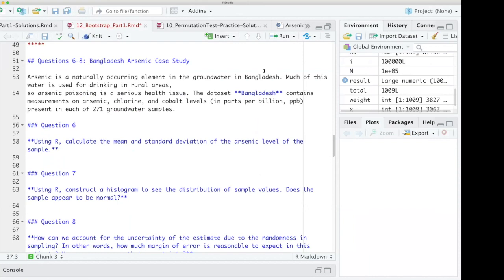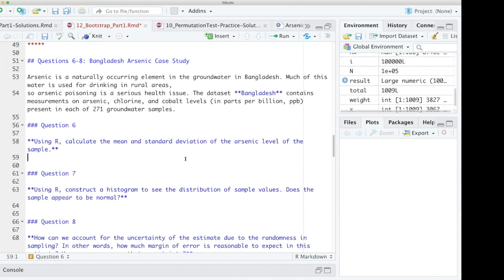You've got a homework problem for next week's assignment that also deals with this data set. We're going to deal with cobalt levels on the homework. This problem is asking about arsenic levels in groundwater samples from Bangladesh. And what we want to do is come up with an approximation for the arsenic level of all groundwater in Bangladesh.